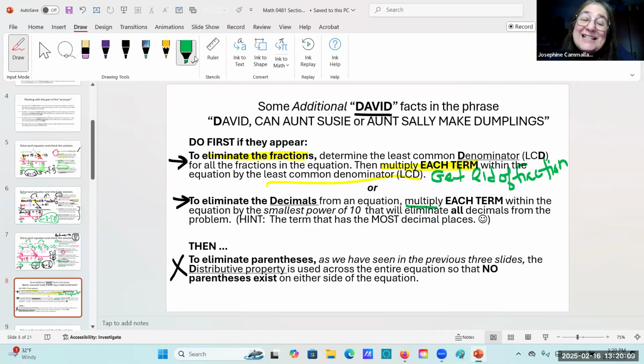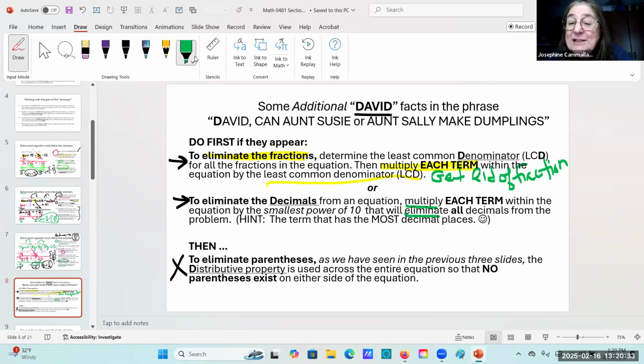Now, that's what the rule is, but there is a shortcut, and I will show you what to do because that's going to eliminate all decimals and make it a lot easier. And the hint is you want to use the term with the most decimal places.